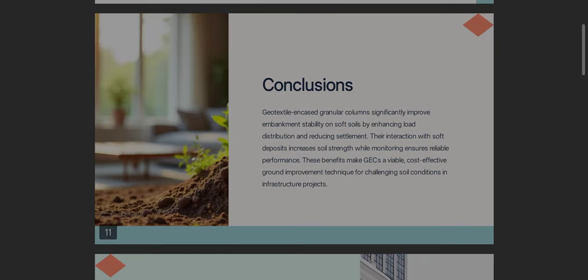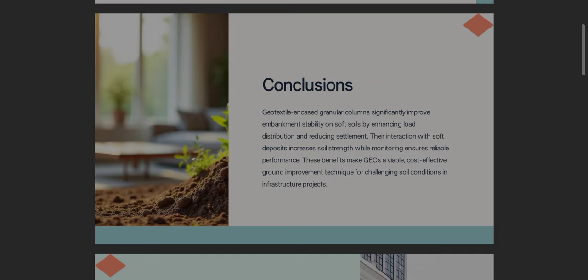Conclusion. Geotextile encased granular columns have proven to be an effective and reliable ground improvement technique for construction on soft soil deposits. By providing additional lateral confinement through a high strength geotextile encasement, GEC overcome the limitations of conventional stone columns, particularly in very soft soils where inadequate confinement leads to excessive bulging and failure.